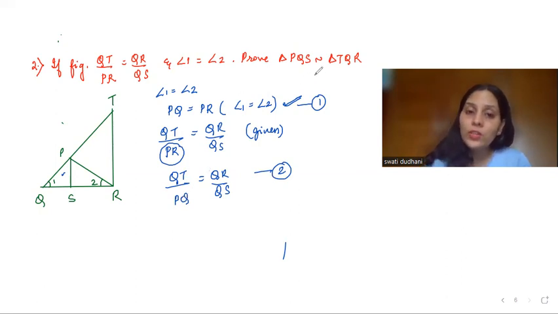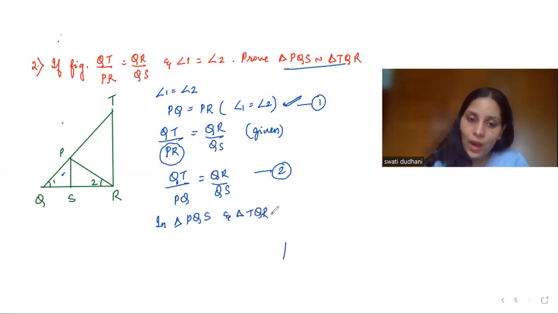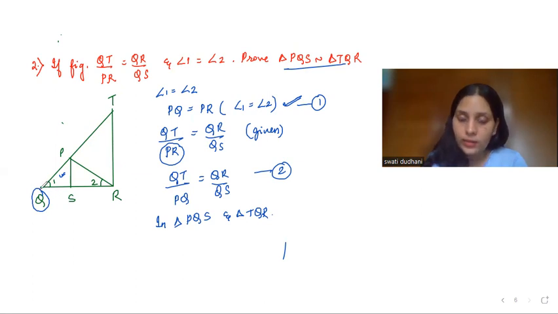Now, what do we need to prove? We need to prove these two triangles similar. Let us consider triangle PQS and triangle TQR. We clearly can see that angle Q is common to both the triangles. This is a very important equal angle.